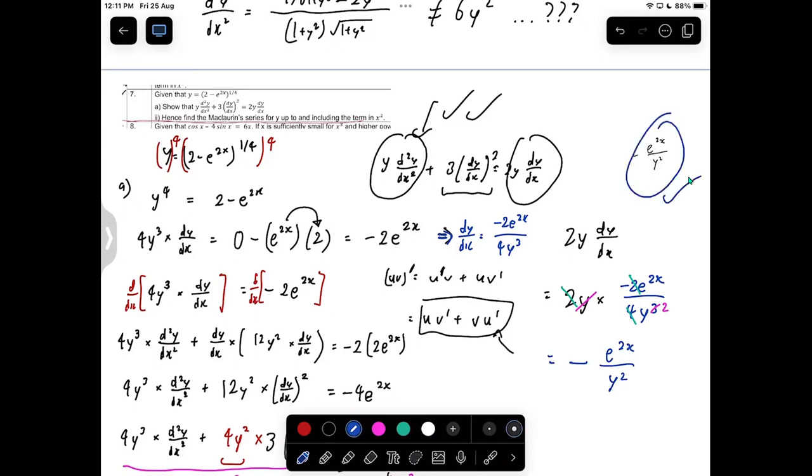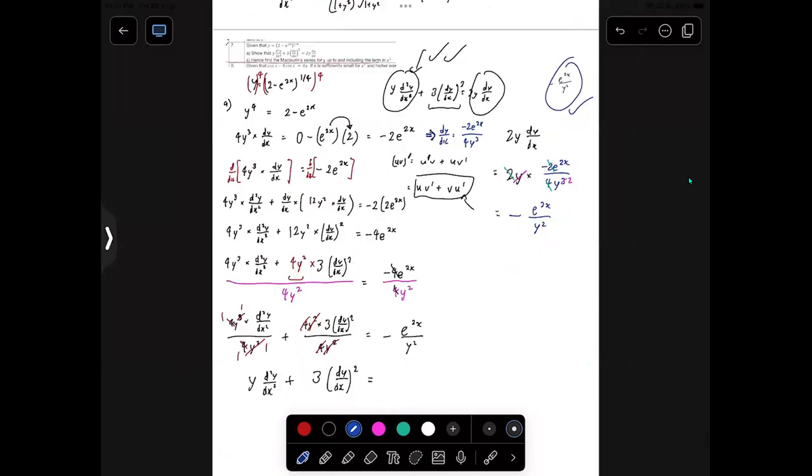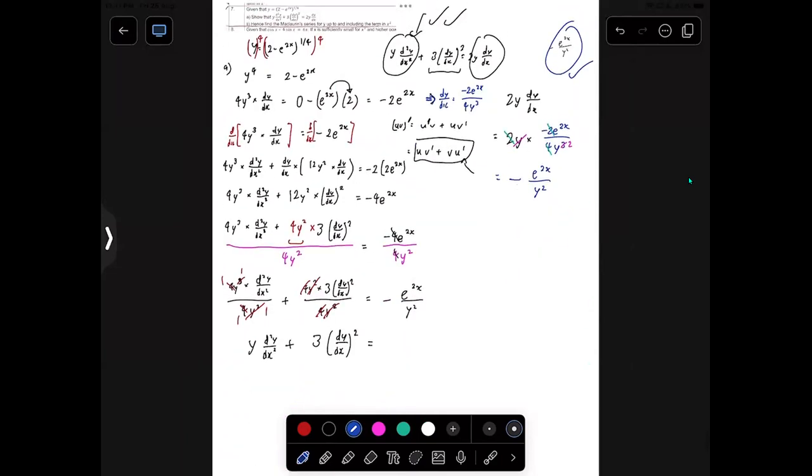That's exactly what we need. What a coincidence. Of course it's not. Then from there you can work backwards if you really want to. You can factorize as 2y times negative 2e power 2x over 4y cubed. Nothing wrong, right? Right hand side, just substitute in. And then this actually equals 2y times dy by dx.